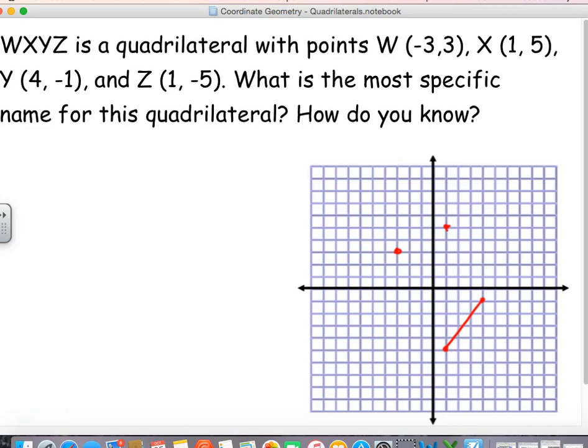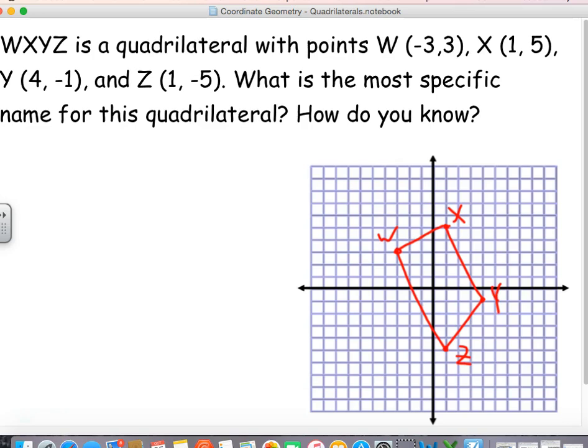Okay, so when we connect these, it looks like we've got a shape that resembles a trapezoid. Looks like we've got two parallel lines, so we're going to have to figure out a way to prove that. To prove that, we need to determine the slopes of these two lines.